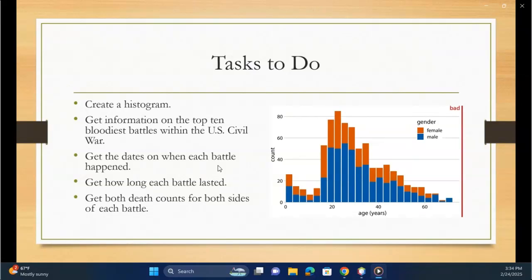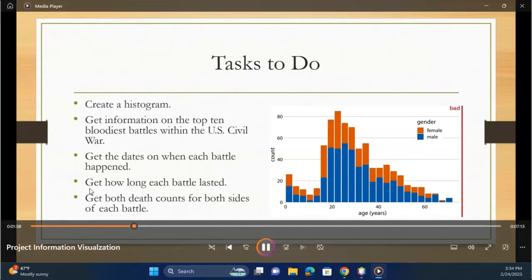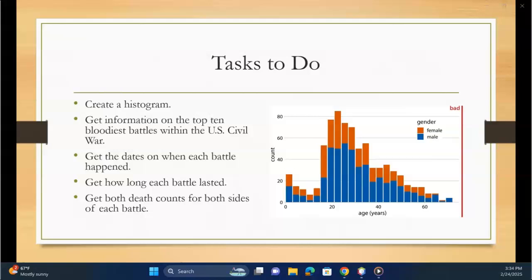And during those time periods, the one that happened in 2 days could have had more deaths than the one that happened in 2 weeks. We don't know, and that's what we're trying to find out.